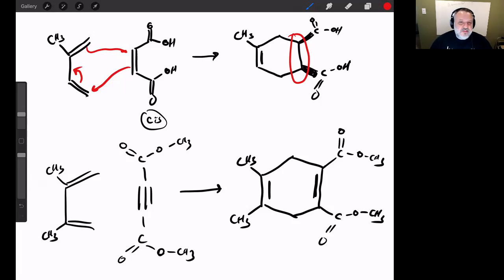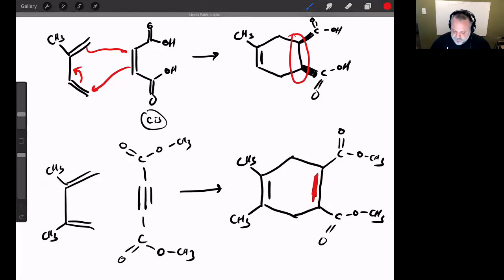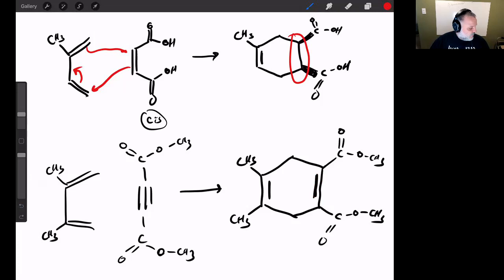So this is really a stereochemical outcome discussion. We talked about what happens if the dienophile is a triple bond. Really, then the stereochemistry part isn't a concern, but we do have a little bit different product that's formed with two double bonds instead of one double bond.